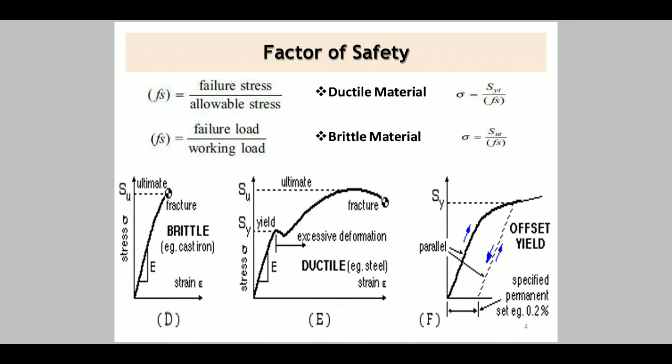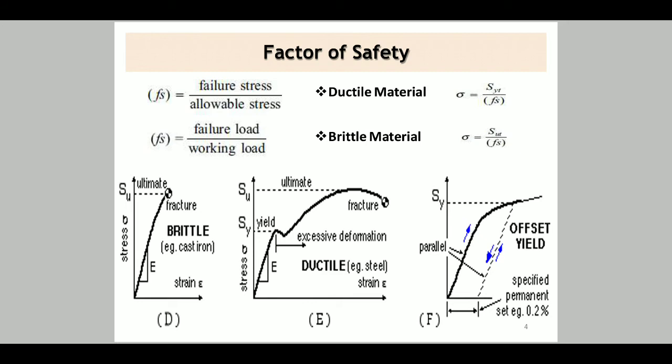In diagram D we can see for the brittle material, SU is the ultimate stress. Ultimate stress means we cannot regain the original shape and size of the material after the ultimate stress is reached. The example of brittle material is cast iron.